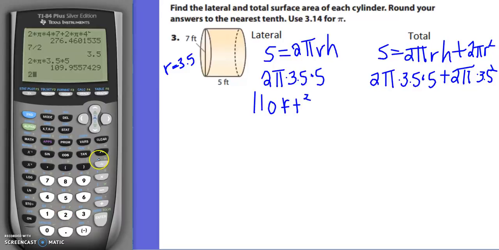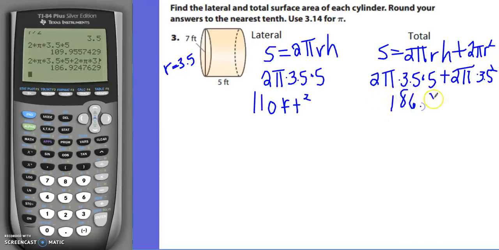Okay, now let's do the other one. 2 times pi times 3.5 times 5 plus 2 times pi times 3.5 squared. Okay, so we have 186.9 feet squared. All right, flip it over to the back side.